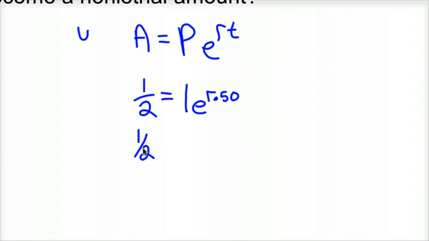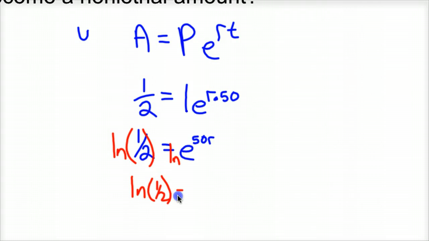So we've got an exponential equation. Hopefully you're getting pretty good at solving these by now. 1 times e to the 50r, we can drop that 1. To solve for an exponential equation, we're going to natural log both sides. And again, so natural log of 1/2 is equal to 50r.